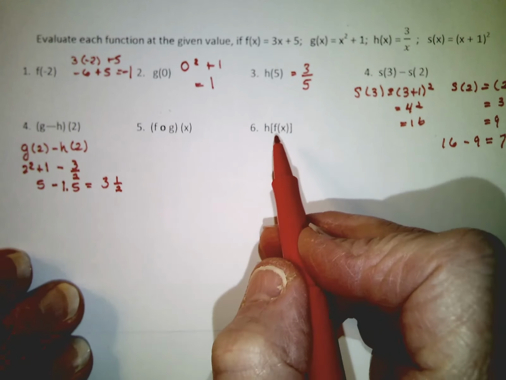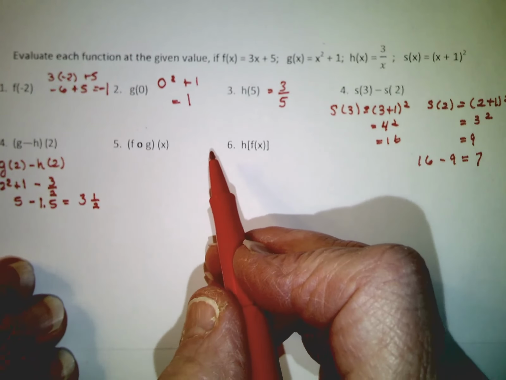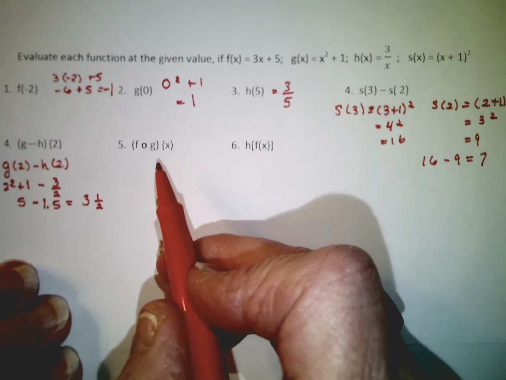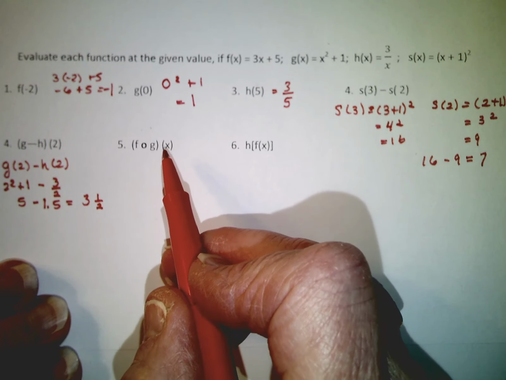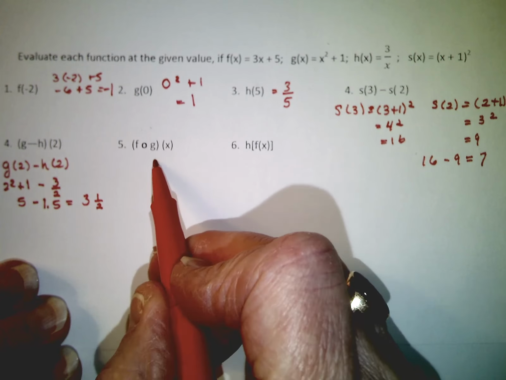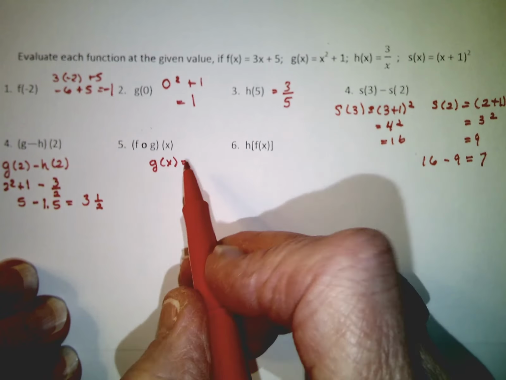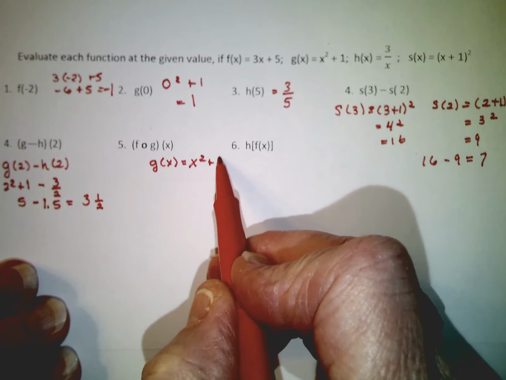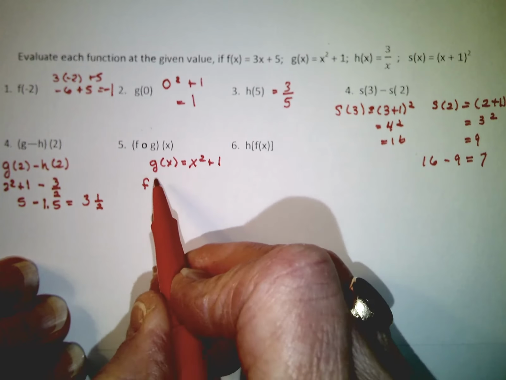The last two are composite functions, and we have to decide which one we do first. It's always the one that's closer to the input variable. So we're going to do g of x first. g of x, they tell us, is x squared plus 1. And that's what's going to go into the f function.